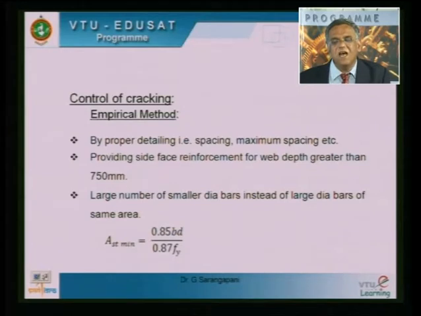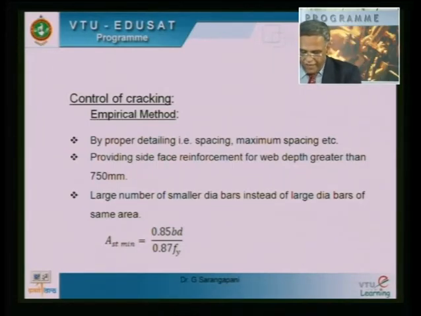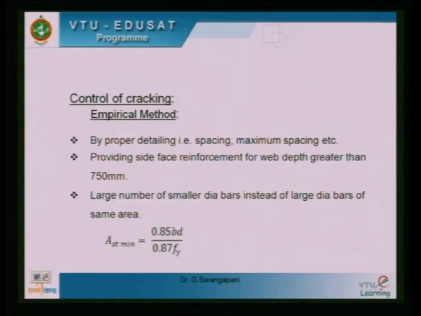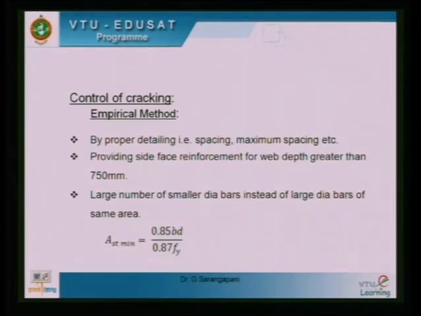To avoid all these cracks, I am going to provide some minimum amount of steel. The code says you have to provide a minimum amount of steel of 0.85 times B into D divided by 0.87 Fy. So you have to take care of all these things while you want to control the cracking of beams by the empirical method.